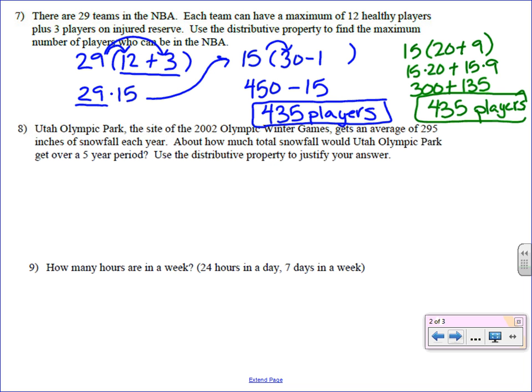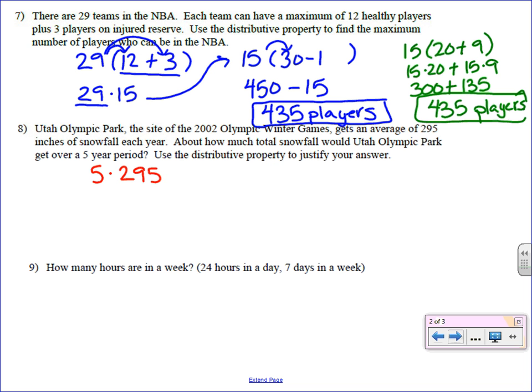Utah Olympic Park, the site of the 2002 Olympic Winter Games, gets an average of 295 inches of snowfall each year. About how much total snowfall would Utah Olympic Park get over a 5-year period? So we have a 5-year period times 295 inches of snow per year.